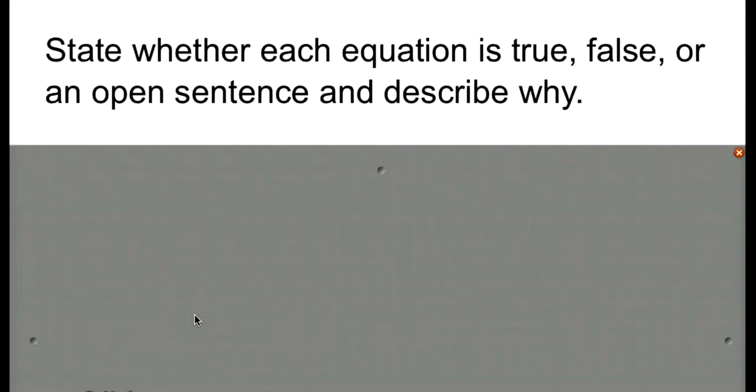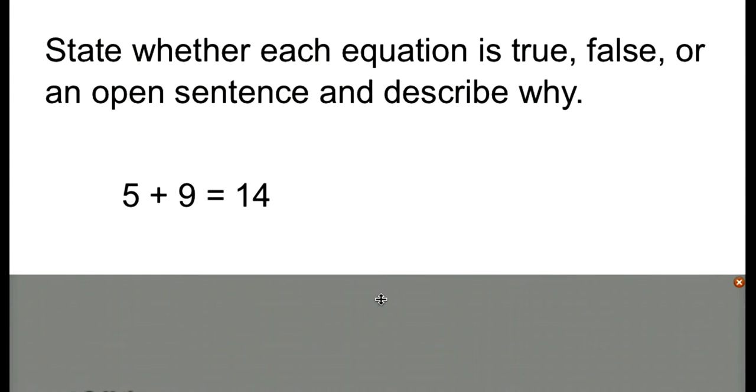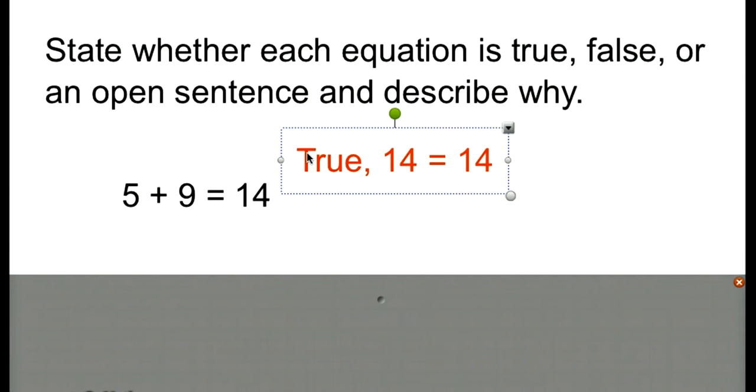So we're going to state whether each equation is true, false, or an open sentence, and we're also going to describe why. So the first one is 5 plus 9 equals 14. This statement is going to be true, and we know that it's true because 14 equals 14.